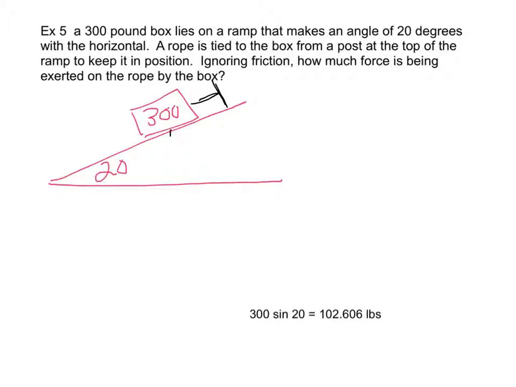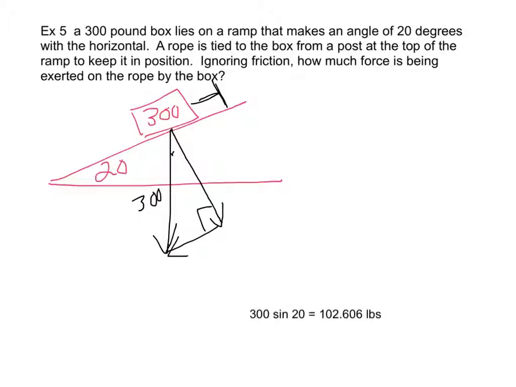Well, first off, gravity's pulling down on that box, that's why it weighs 300 pounds. This is a vector, which is made up of two components. You have the vector that's perpendicular to the hill and the vector that's parallel to the hill, and these two components make up the 300 pounds. This is a right angle. This is 20 degrees.